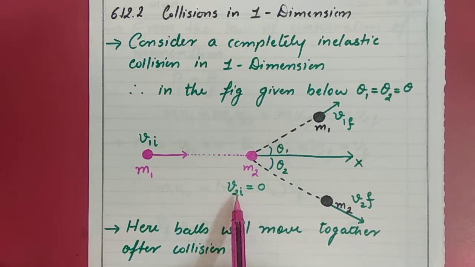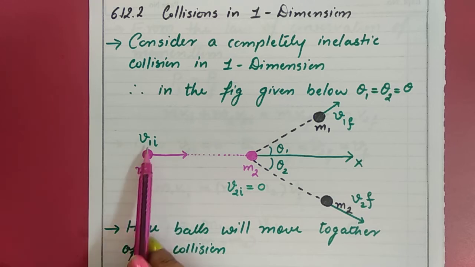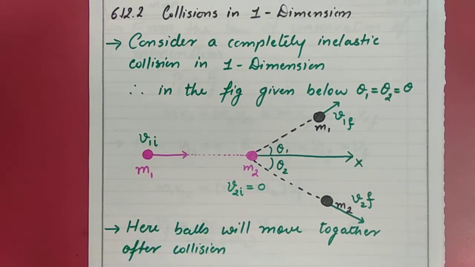The I shows that this is the initial velocity of ball 2. The mass of ball 1 is M1, and the mass of ball 2 is M2.